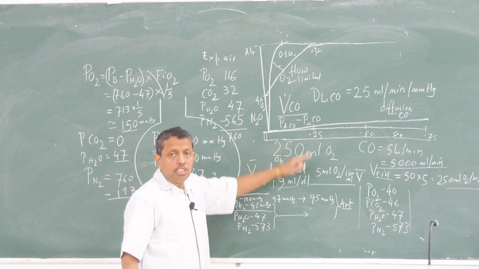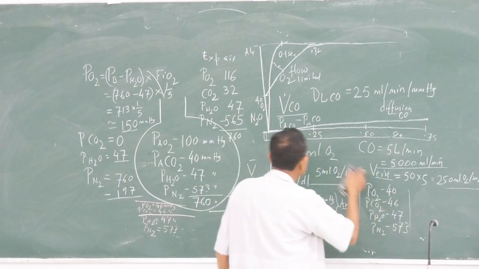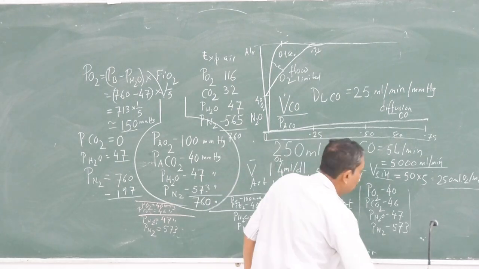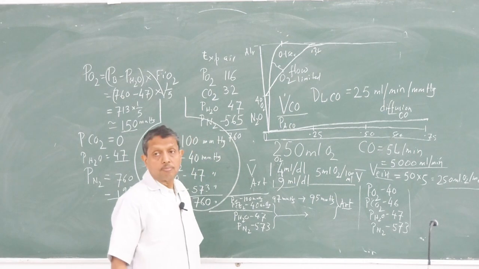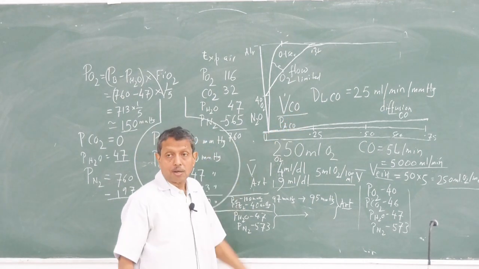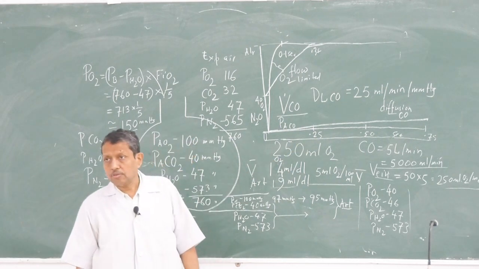But it is almost zero, so you can ignore this. So this ratio will bring this value close to this value, in ml per minute per millimeter of mercury, and you get this value in the resting condition.